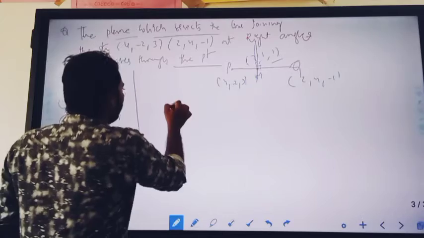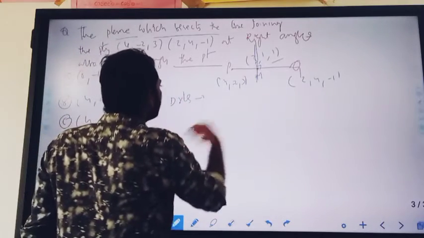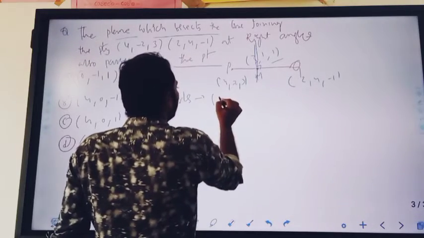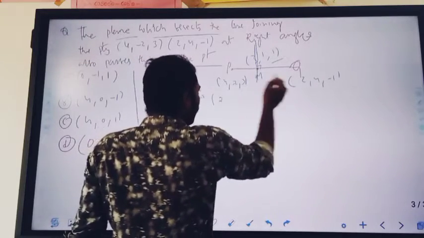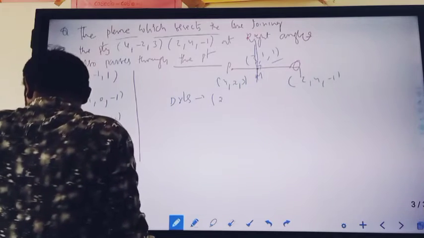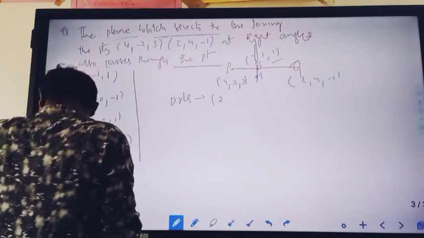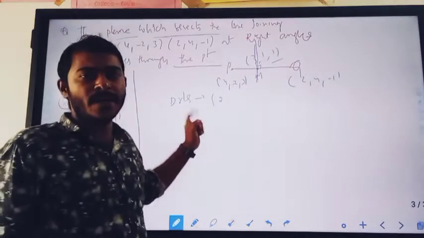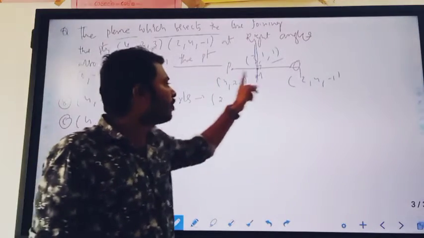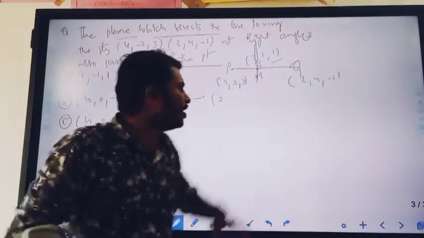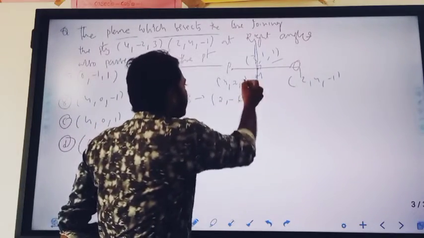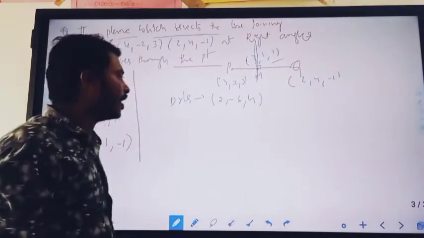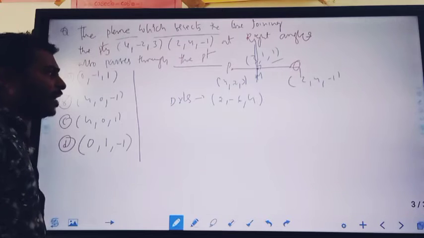Now the DRs of P and Q are: 4 minus 2 is 2, 2 minus 4 we get -6, 3 plus 1 is 4. So they are 2, -6 and 4.